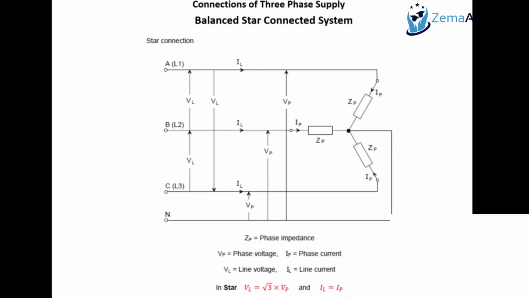So the phase voltage is the voltage between a line, let's suppose line A, and the neutral. So there will be three separate phase voltages in the star connection. That will be VAN, the voltage between line A and neutral. VBN, the voltage between line B and neutral. VCN, the voltage between line C and neutral.